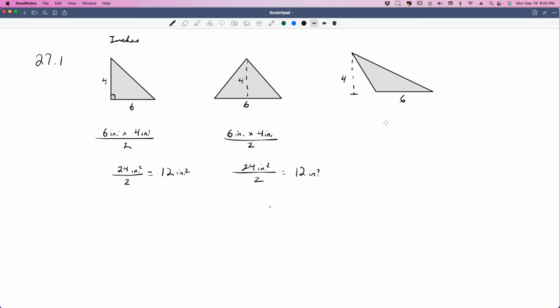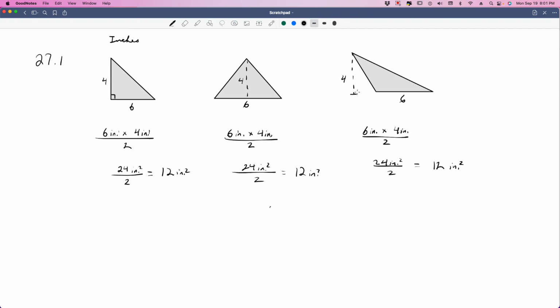We have a 6-inch base times a 4-inch height divided by 2. 24 inches squared divided by 2 is still equal to 12 inches squared. So it doesn't matter what the shape of the triangle is. What matters is, can you find the base and can you find the height? And if you have those two dimensions, then you can move forward and solve for the triangle.